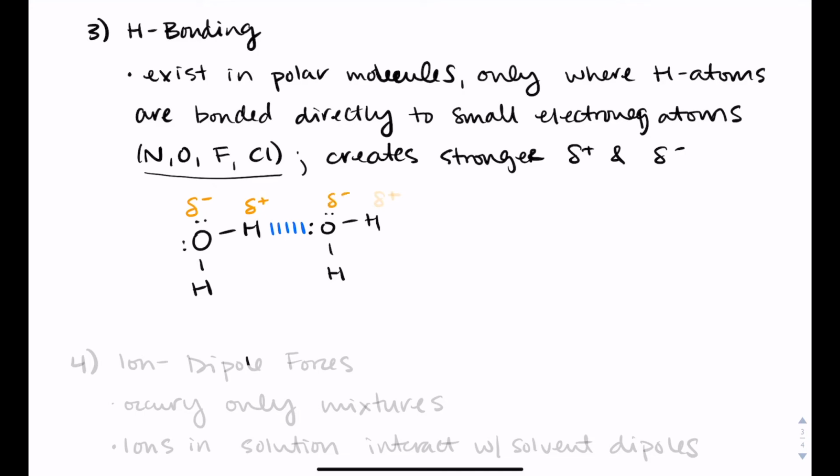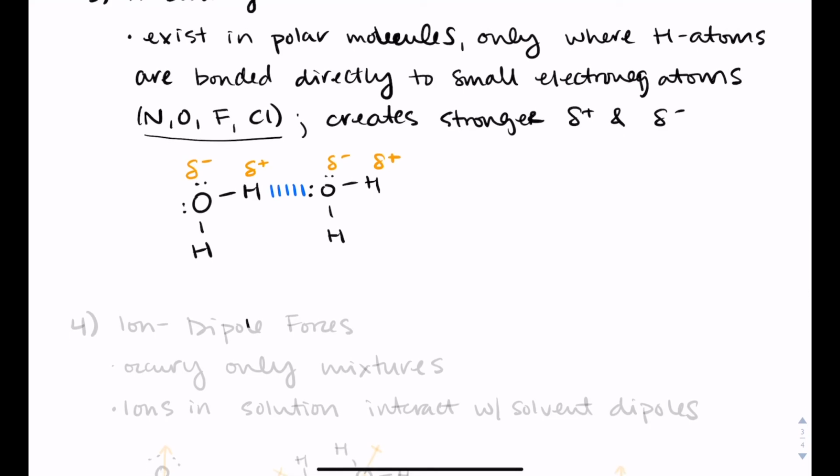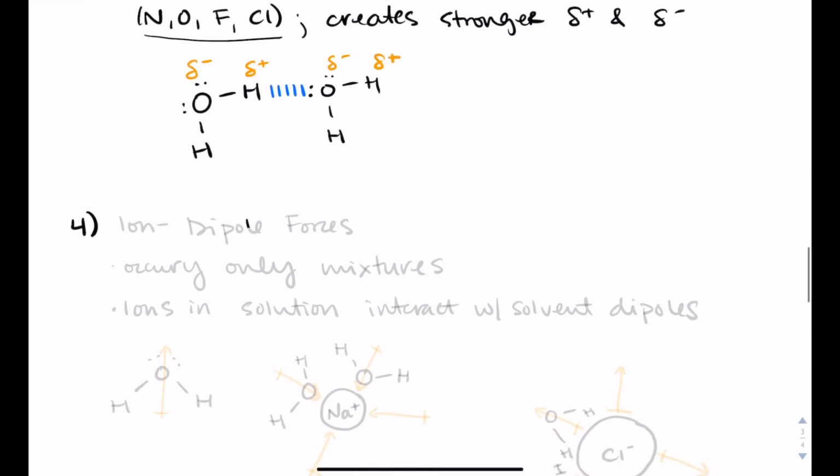So we're doing pure substances, but if I had a mixture of ammonia, so NH3, and H2O, both of those things are capable of hydrogen bonding. You could have hydrogen bonding between those two. But we're going to stick with pure samples because we're really using this to talk about properties of samples of a compound.